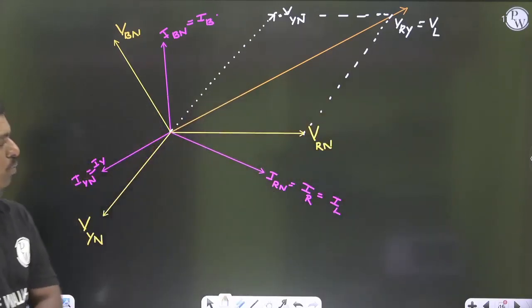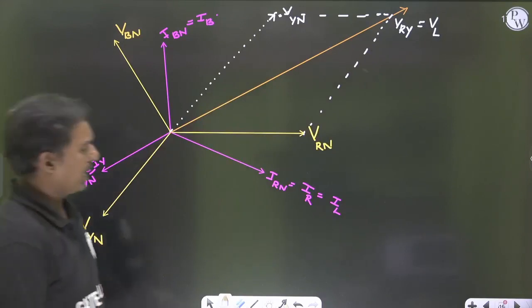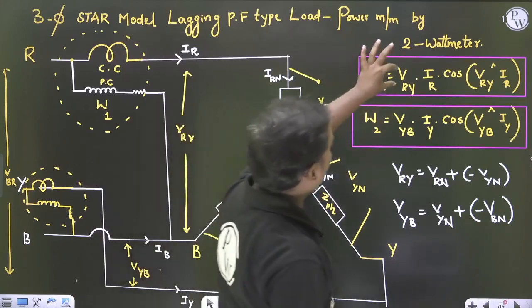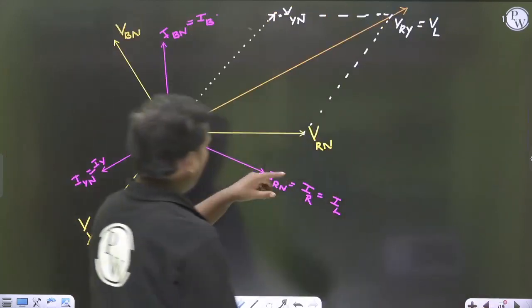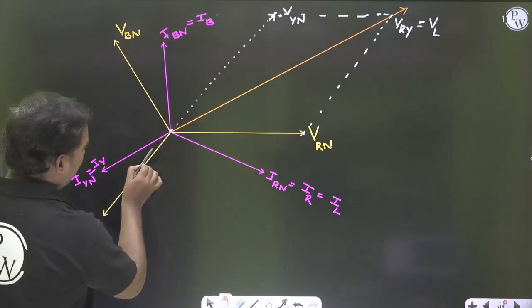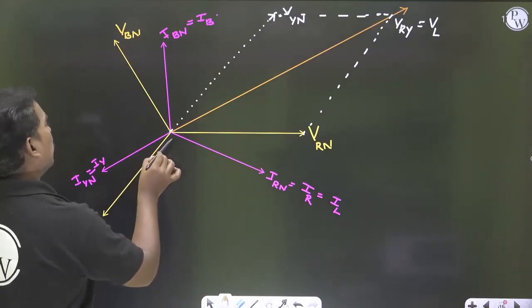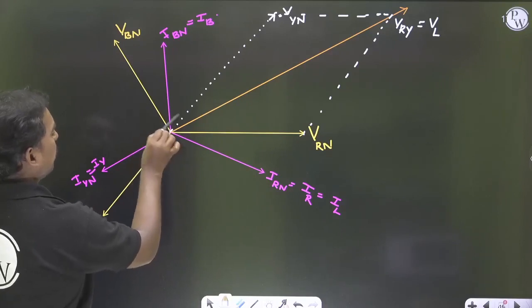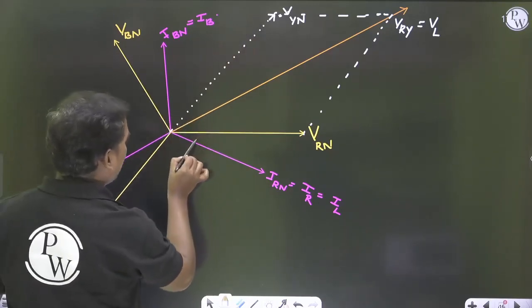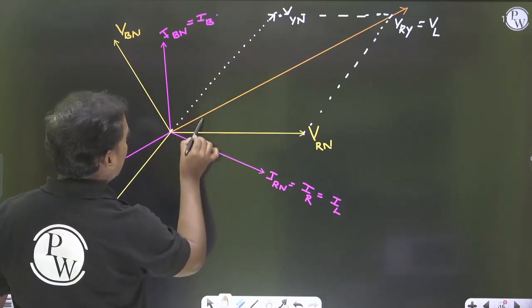Okay. So what I want now is the angle between VRY and IR. So this is the IR. So I want this angle. So first of all, what is this angle? This is 120. Okay? So this is also 120. When it splits, this is 60, and this is 30.